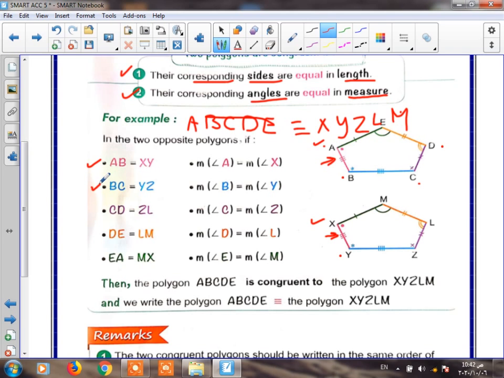For example, if BC equals 4 cm, then YZ also equals 4 cm.